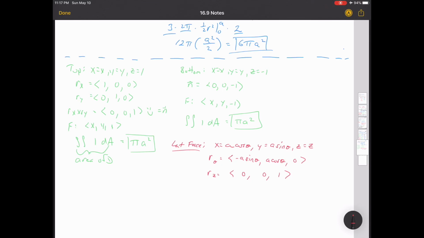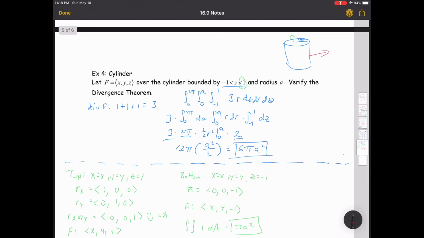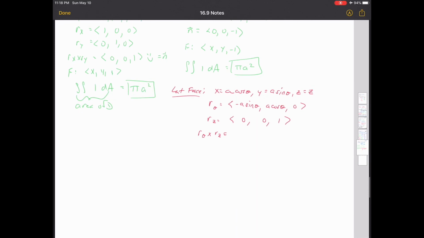All right, so now let's go ahead and do the cross. R theta cross r z. Now in this case, because we're talking about this cylindrical part, these things need to be coming off perpendicular this way. You really shouldn't have anything for your Z, so we should have things which are outward for X and Y. So let's make sure that that's the case when we cross these.